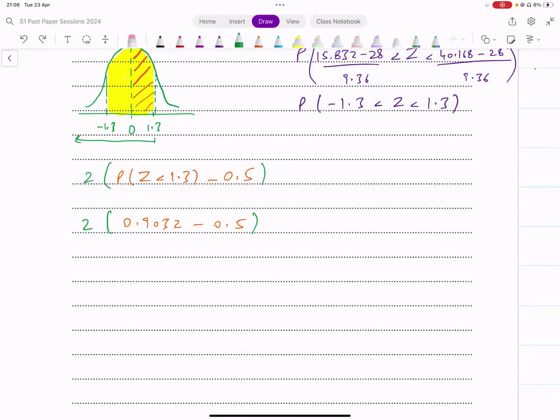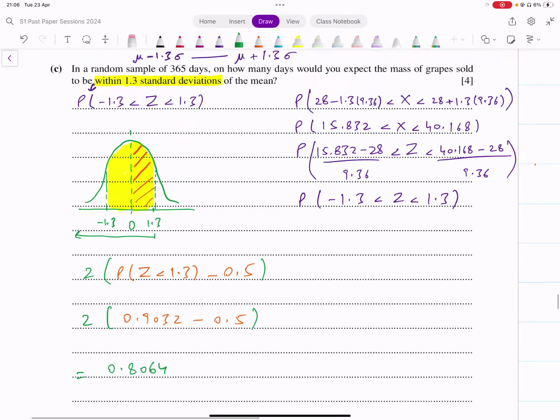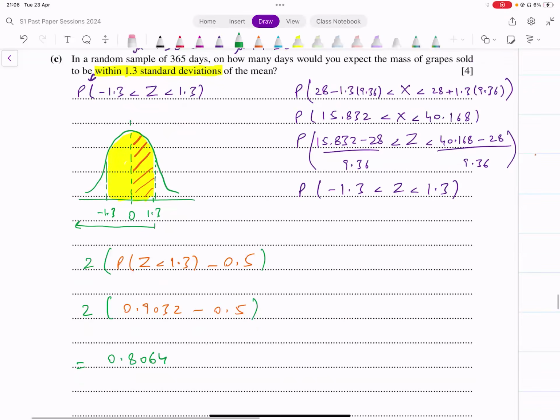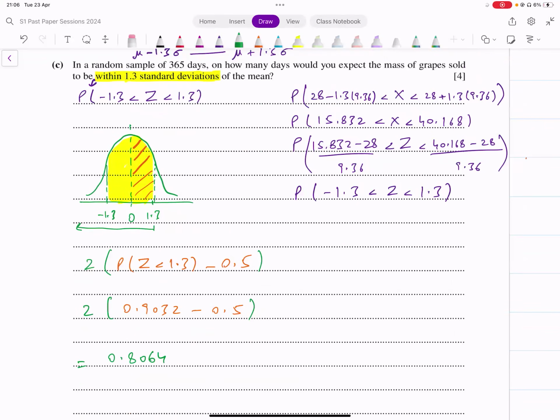Then multiply that by 2 and you'll get the result. 0.9032 minus 0.5 multiplied by 2 is 0.8064. That's the probability that on one day, the number of grapes sold is within 1.3 standard deviations of the mean.